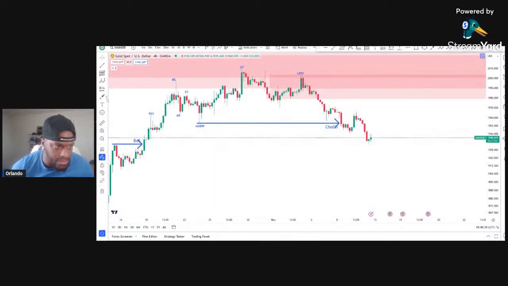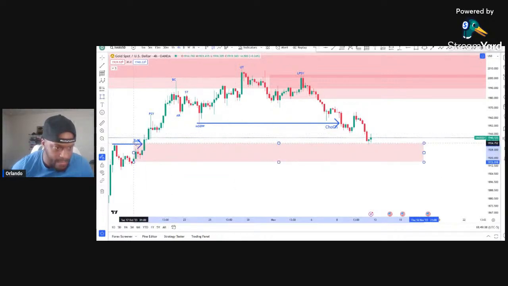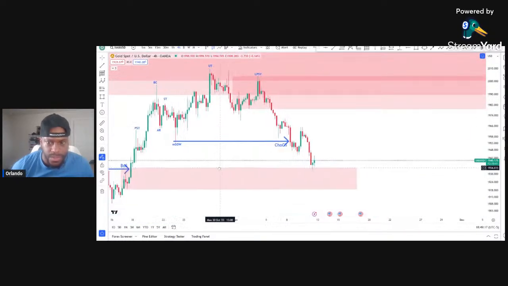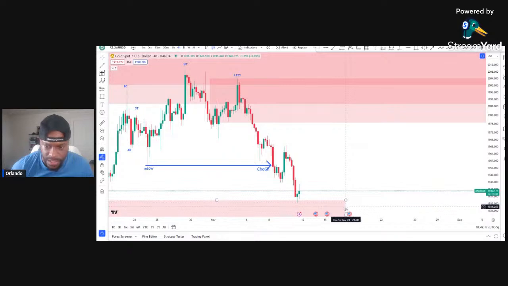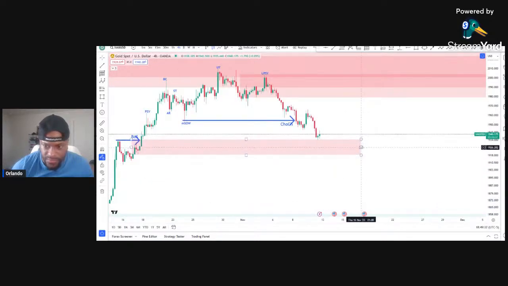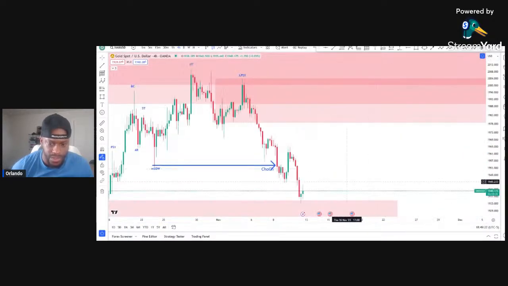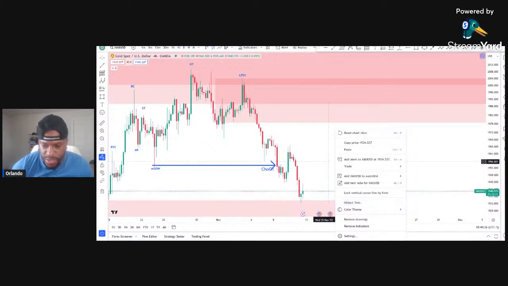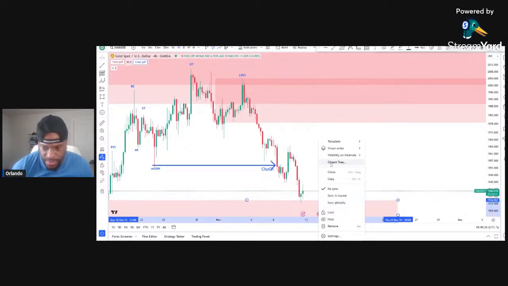we could zone this area off like this, knowing that this is counter trend. So this accumulation that's coming off of here is going to be counter trend because we know it needs to be printed on a higher time frame.